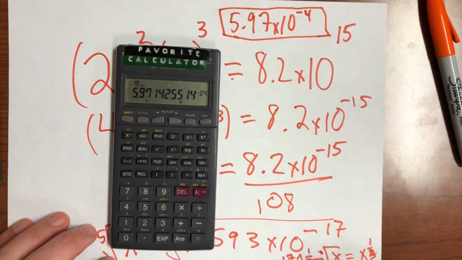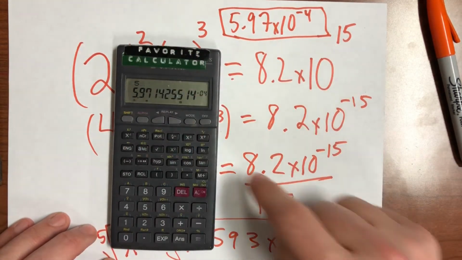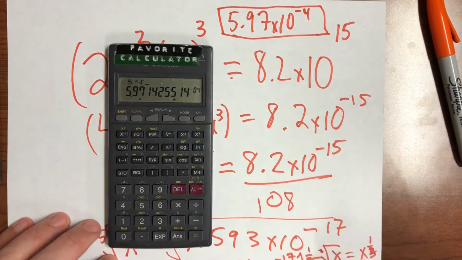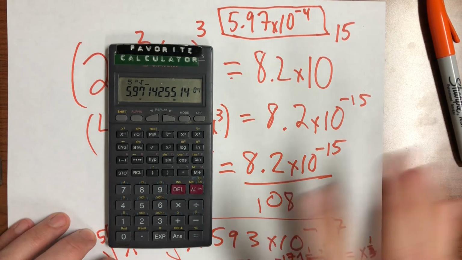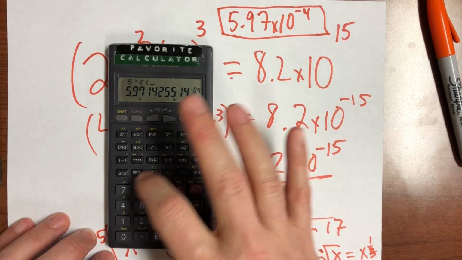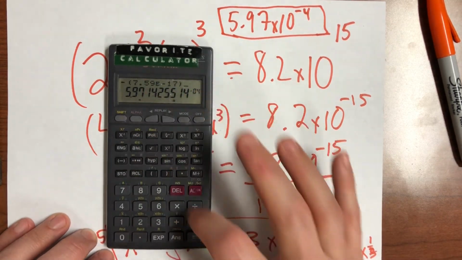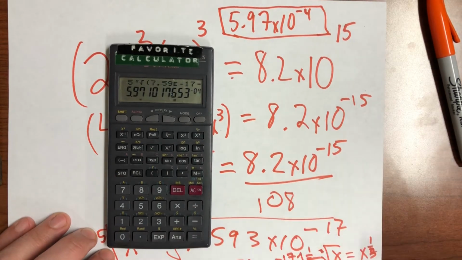We want to take the 5th root, and then we would need to shift this key because it's the above there. And so we want to take the 5th root of the number 7.59 times 10 to the negative 17th, and there we are with the same answer again. So that worked as well.